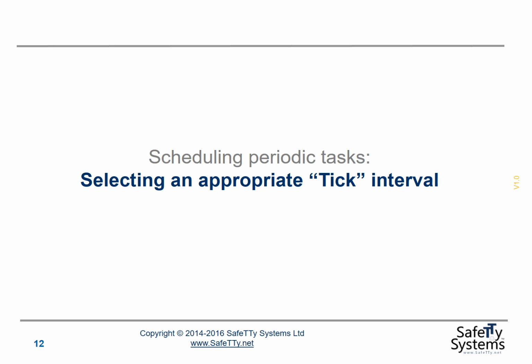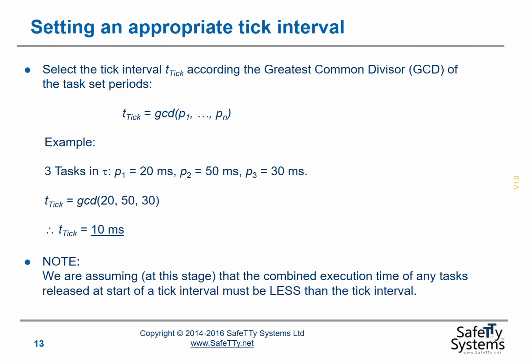So we've done a basic sanity check to check that our task set doesn't exceed the maximum processor utilization figure of 1 or 100% average CPU load. Next question we might want to ask is, what's an appropriate tick interval for our system? We can determine the tick interval very easily. We do that by using the greatest common divisor of the task set periods.